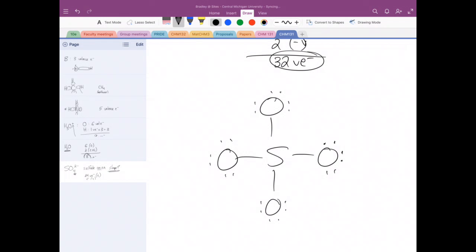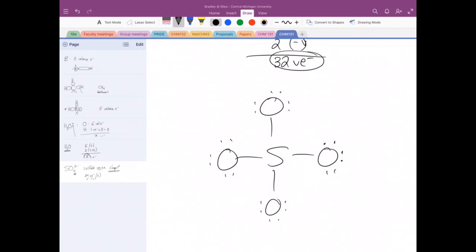So the beauty of VSEPR is that you really don't have to have the exact correct Lewis structure to figure out its shape. Okay, and what I mean by that is, for shape purposes, it really doesn't matter if you have single bonds or double bonds. So if you're looking at this and saying, okay, is this a good Lewis structure? It's not the proper structure, because let's look at formal charges. If you figure out formal charges, all the oxygens are symmetrical.